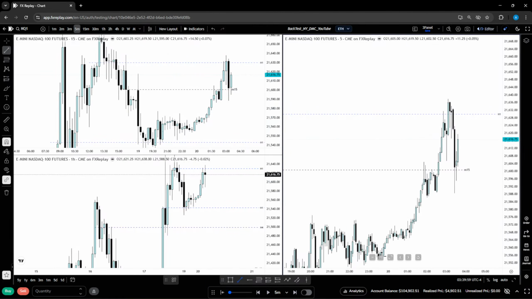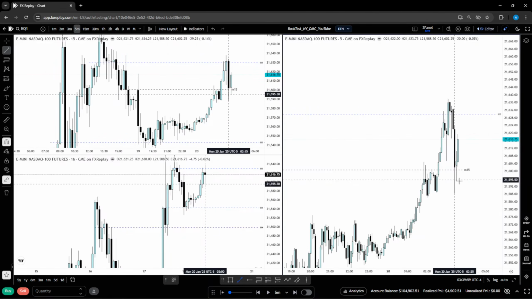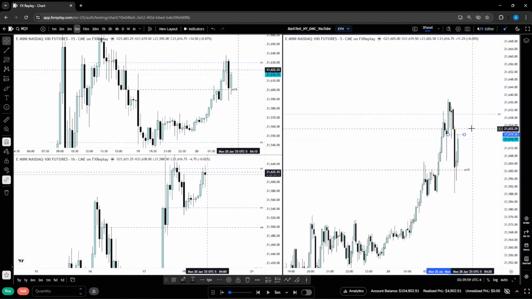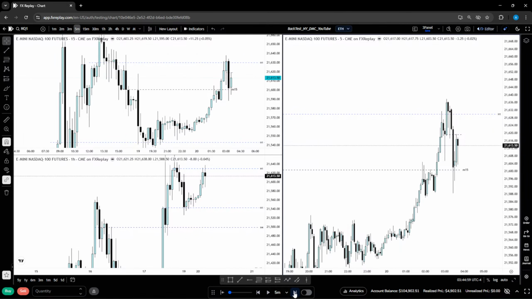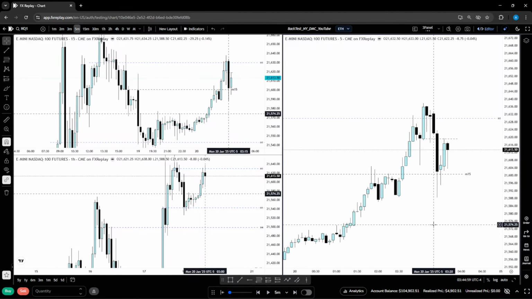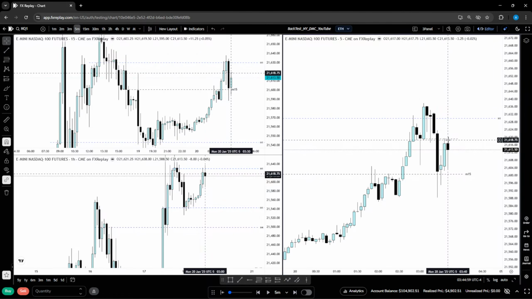Now this leg, this was one level that we are failing to lose in 5 minutes at least. So we came here, we tested these levels, we did not close below it, we went up.